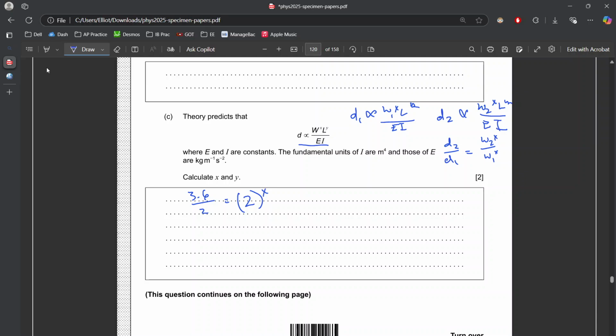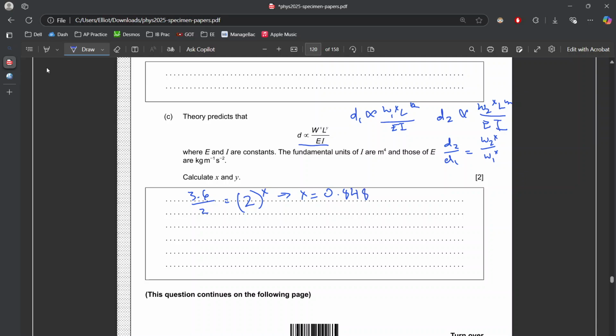It's going to be 2 to the x, which means that x is equal to the natural log of that divided by the natural log of 2, which I'm just going to say 3.6 divided by 2, all that divided by the natural log of 2. Okay. So x is equal to 0.848-ish.